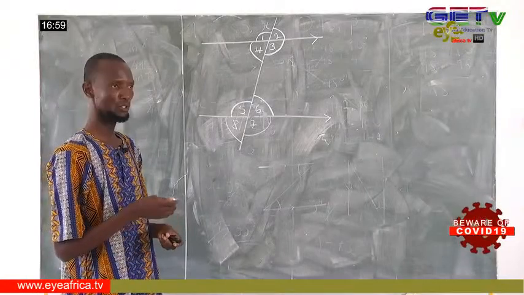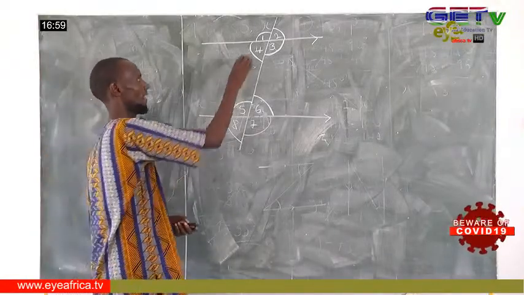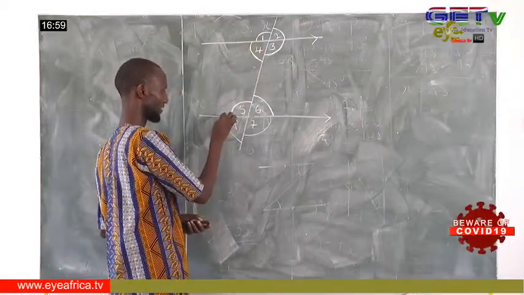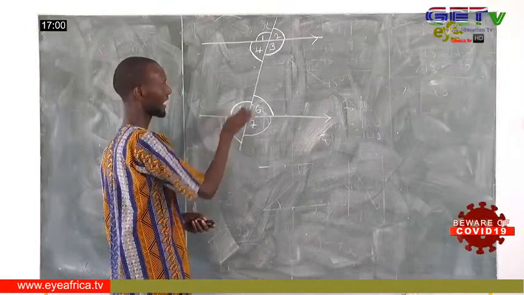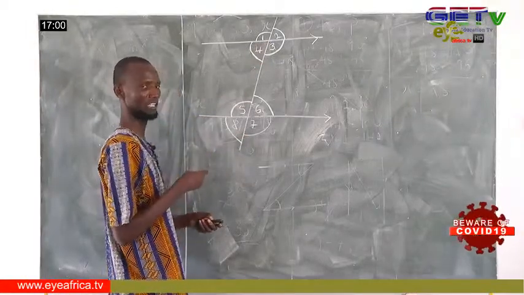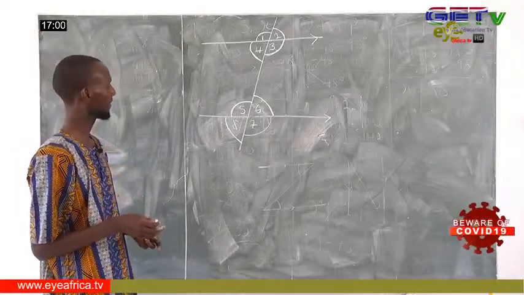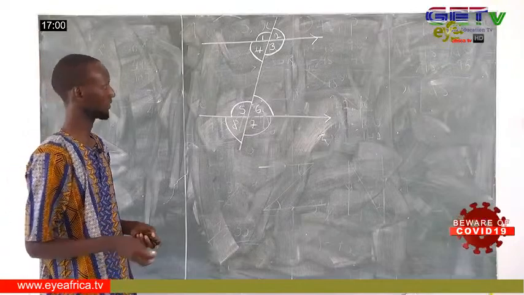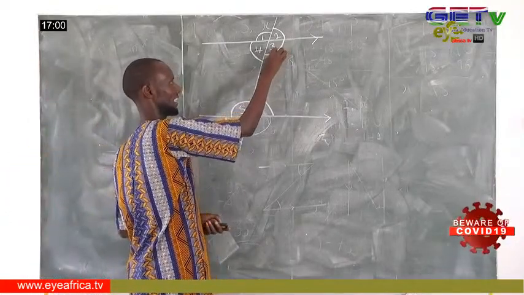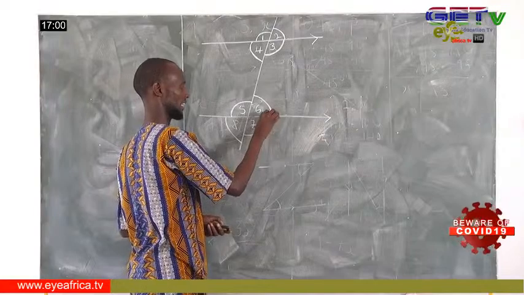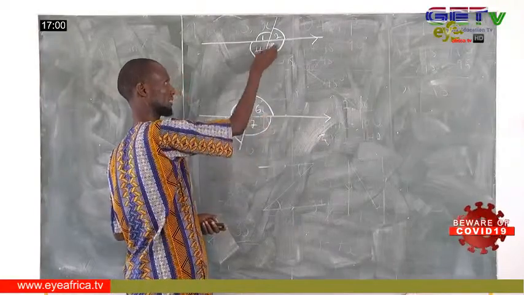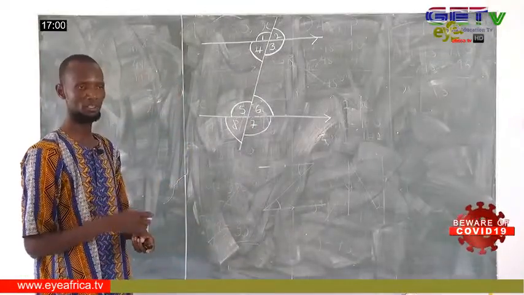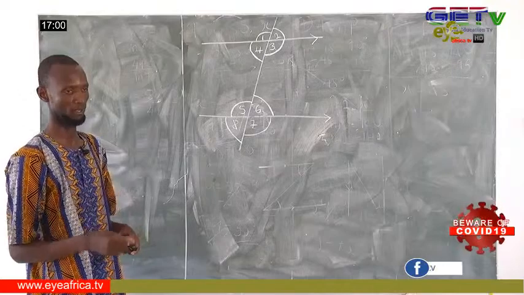Again, if you look closely, angle 4 is inside, angle 8 is outside, and they are on the same side of the transversal. So they too are corresponding and also equal. The same happens with angle 3, an inside angle, and angle 7, an outside angle, and they are on the same side of the transversal. So therefore, they are corresponding angles and they are also equal.